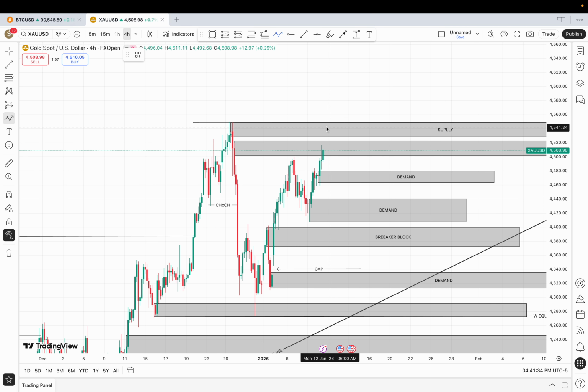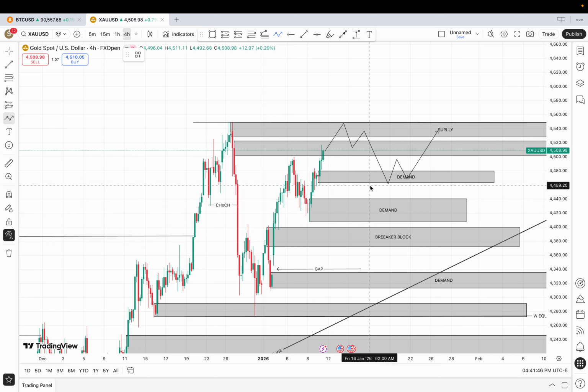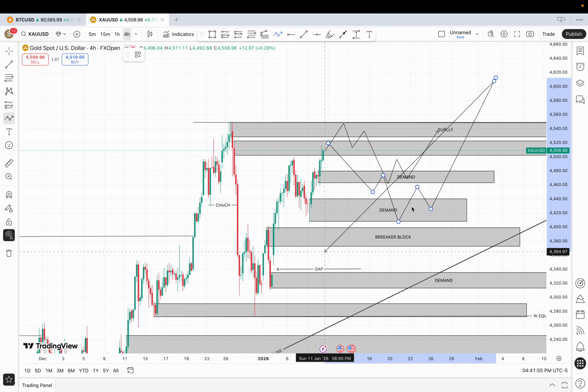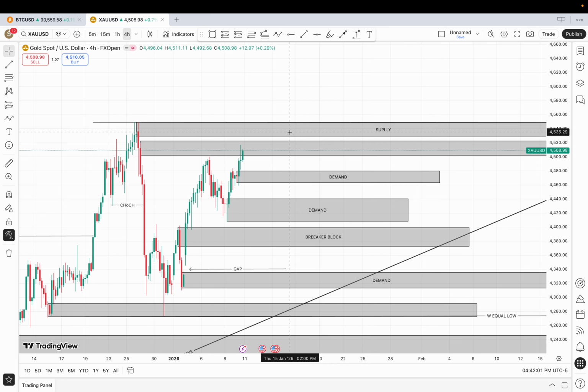Supply, if this, then this. If it comes here, it breaks. If this, then we come here. So we have so many opportunities to get into the trade. So now that's it, and you know how to have a standard.